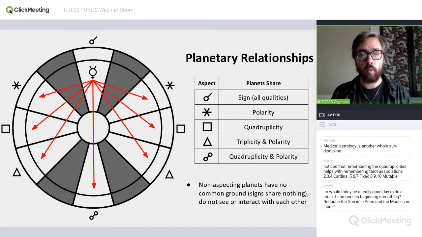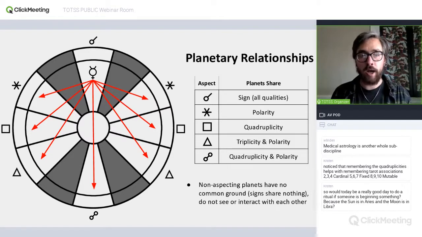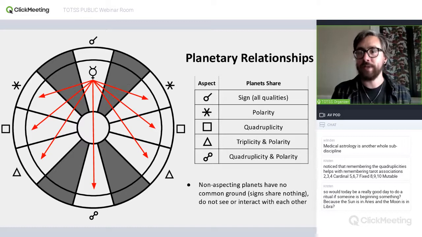And so another way of thinking about this, besides the geometric thing, is about what the planets share. So obviously if the planets are in the same sign, they share all of their qualities: quadruplicity, triplicity, polarity. But a planet that's sextile to another planet will share polarity with it. So let's say Mercury is in Aries here, which is a diurnal sign.